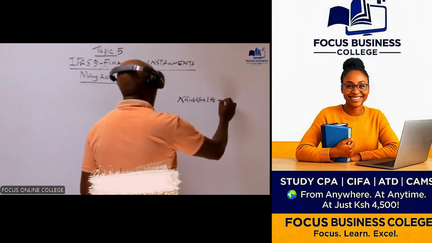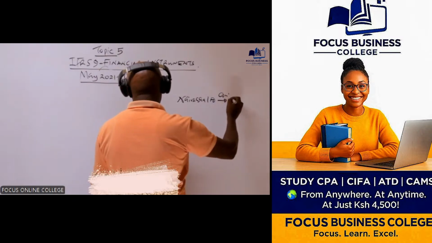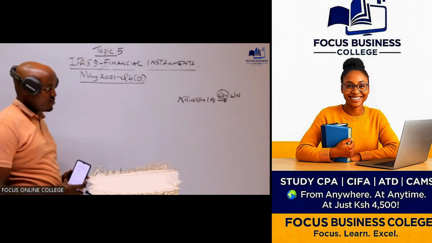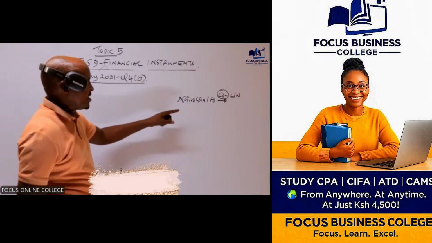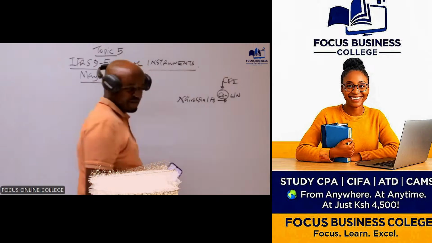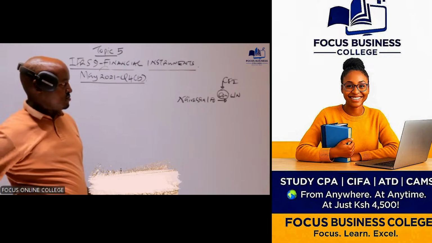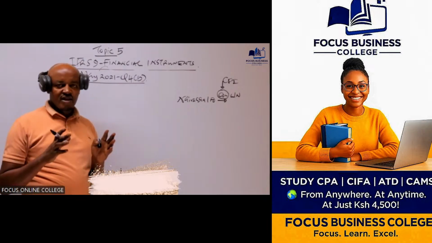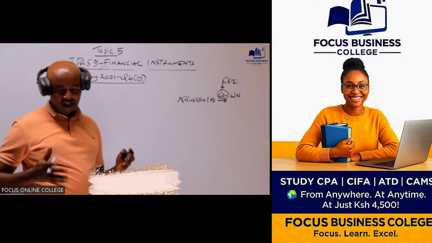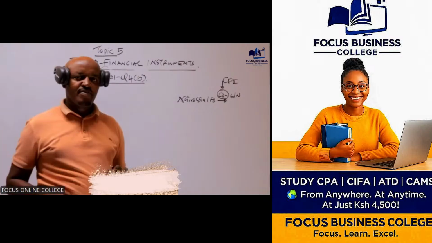Anytime you see the word convertible, what you need to remember very fast is that this is a compound financial instrument, a CFI. All convertible debt instruments contain both equity and liability components. Therefore, on the date they were issued, the company was supposed to split the equity component and the liability component.